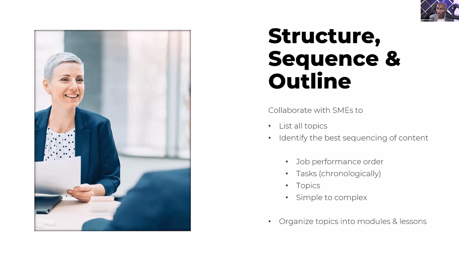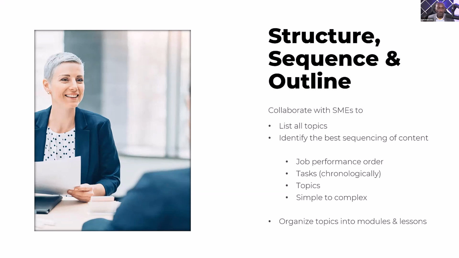So you can sequence it in job performance order, or maybe chronologically by tasks, or maybe just by topic, right? If there is no specific step 1, 2, 3, 4, 5, that kind of thing, right? Or you might decide to go from the simplest topics to the most complex topics, right? So think about and work with your SMEs to determine the best way to organize and sequence the topics.